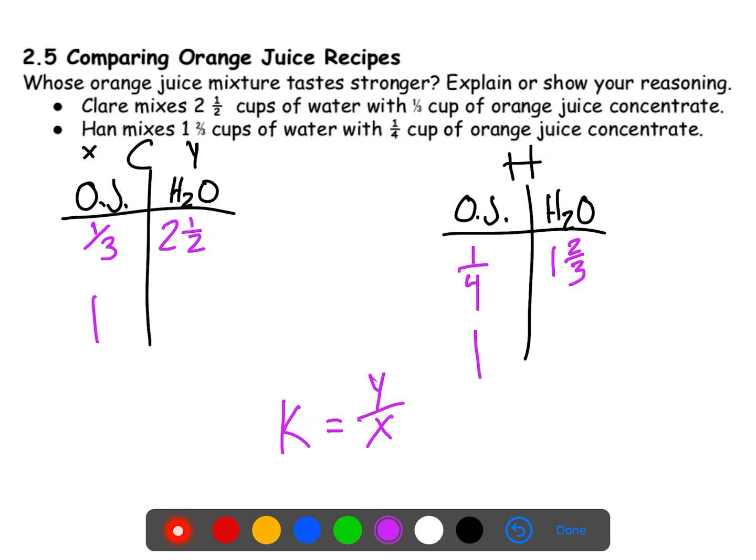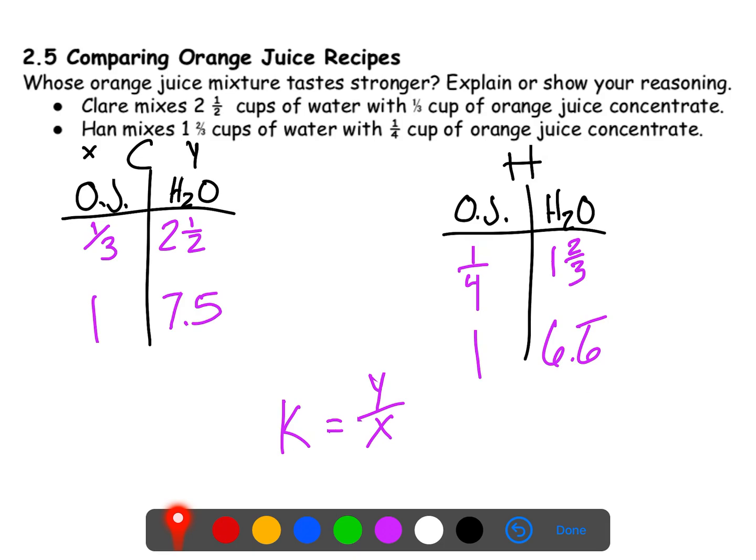If we take Claire's ratio, 2 1/2 divided by 1/3, we would get 7.5 cups of water for every 1 cup of OJ. If we do the same for Han, we'll take 1 2/3 cups of water divided by 1/4 cup of OJ. We get 6.6 repeating, or 6 2/3, and that's water. We'll do it as a decimal just to help compare, but leaving those as fractions would be fine.